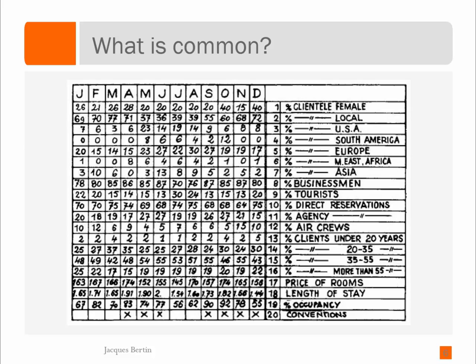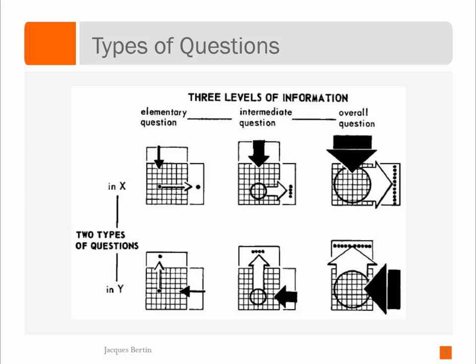Now, Bertin then proceeds to communicate with us that there are 3 different types of questions related to a data set that we should ask. So we'll start with the first question type, the elementary question. With the elementary question, we're basically talking about a cross-section of the X and Y. So on the X and Y axis, we find a column heading as well as a row heading for the group.